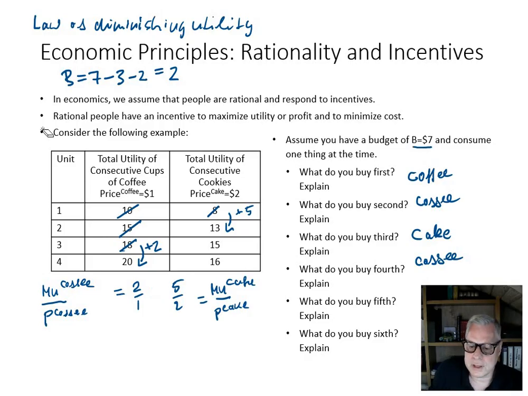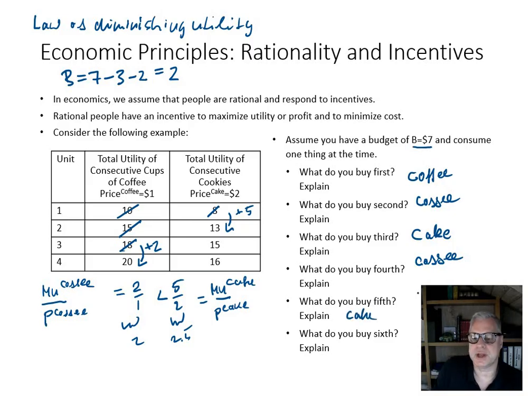So that means by buying a second cake instead of a fourth coffee, you get more marginal utility per dollar spent, namely 2.5 as opposed to 2. So your next choice is again to have a cake.